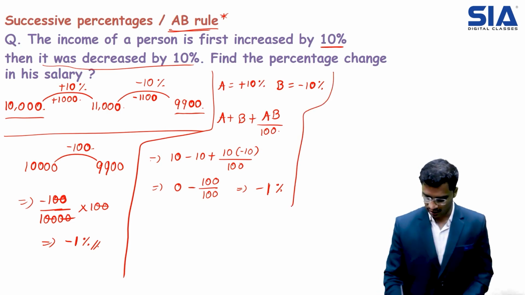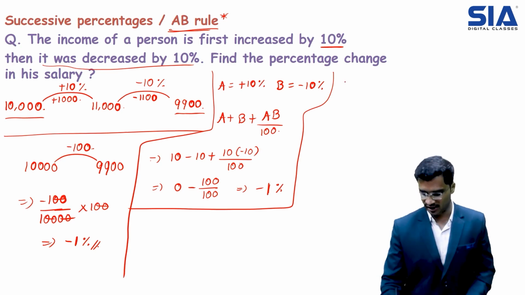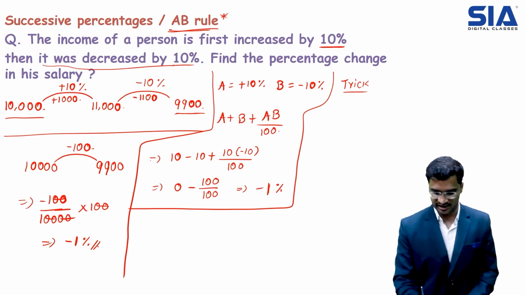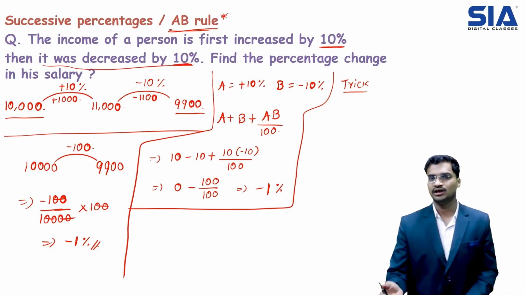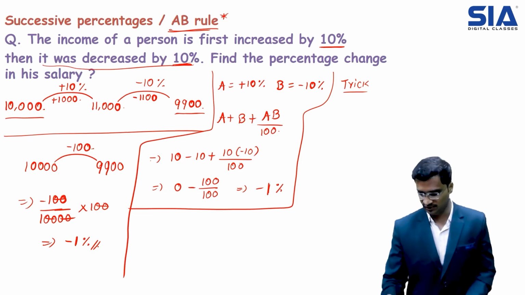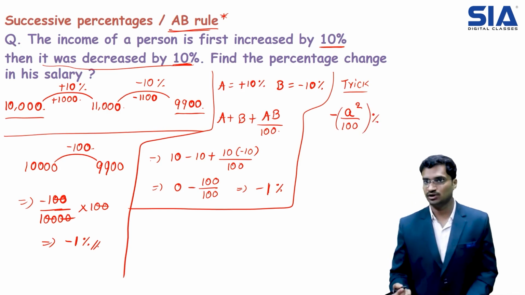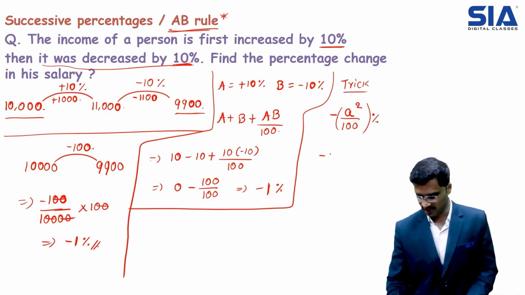We can also solve this particular question in a tricky way. Whenever the increase and decrease values are the same, here 10% increase and 10% decrease, we can apply this simple formula: minus A square by 100 percent.